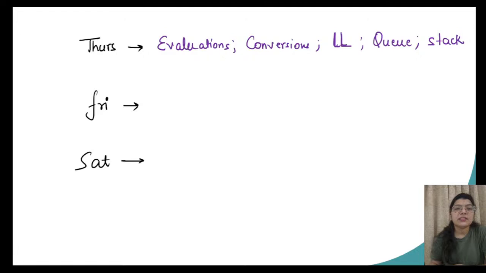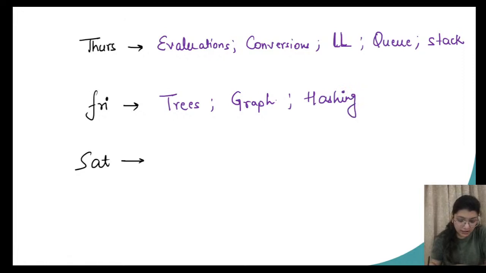ठीक है, उसके बाद फ्राइडे को we'll do trees, ग्राफ के ज्यादा क्वेश्चन नहीं होंगे. ग्राफ तो बेसिकली आपकी मिनिमम स्पैनिंग ट्रीज एंड ऑल आ जाएगा, सो उसमें we'll see that, and hashing. Okay, and on Saturday अगर हो पाया so we'll start with sorting and searching time complexities.